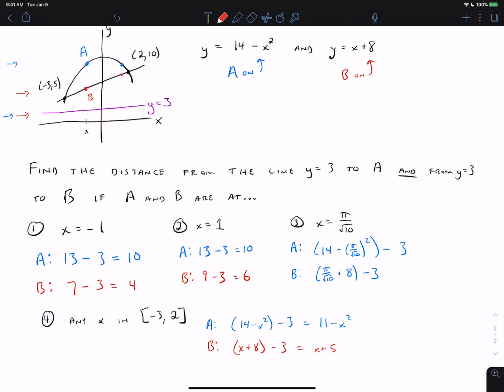Okay, I want to do several more examples, but everybody should now think about this would be the same if we were doing, instead of y equals 3, let's say I was doing the line y equals 1, or y equals -7, or the x-axis.